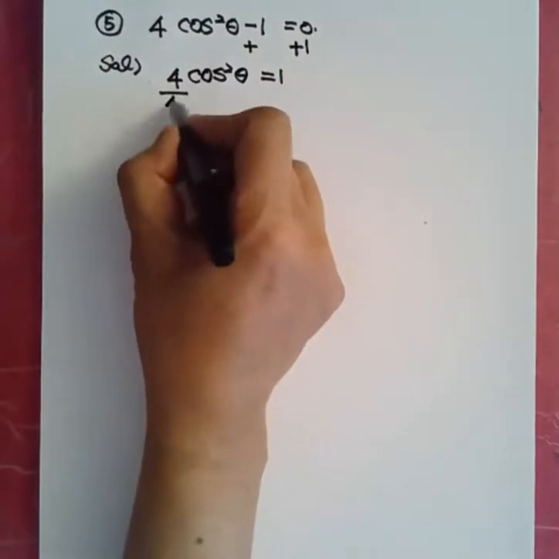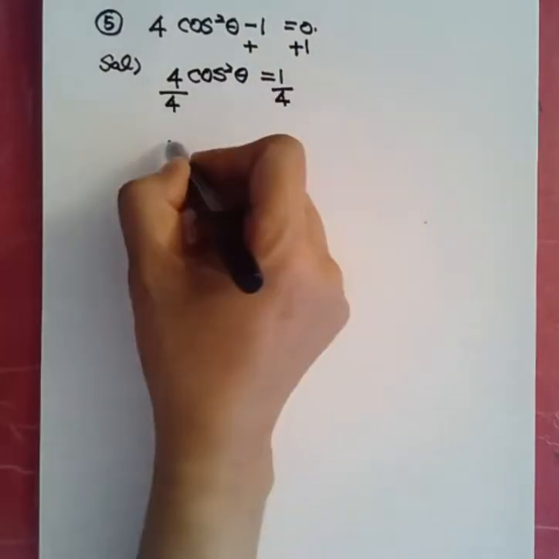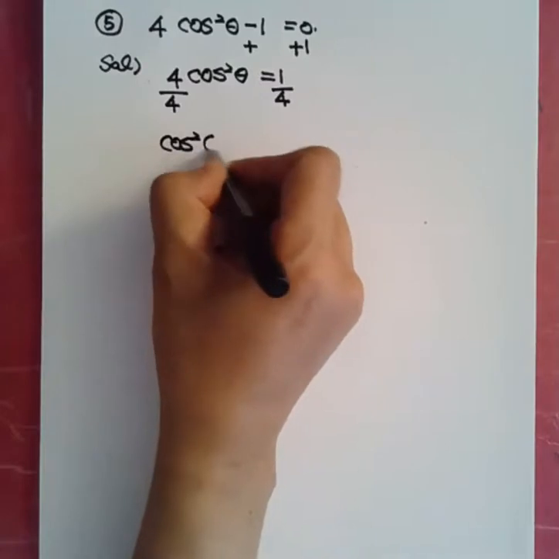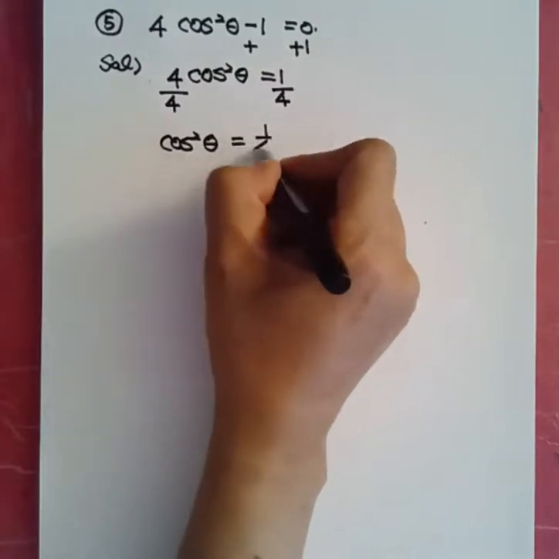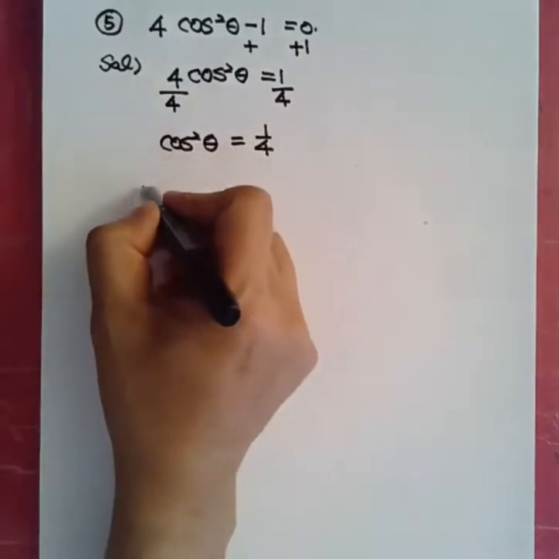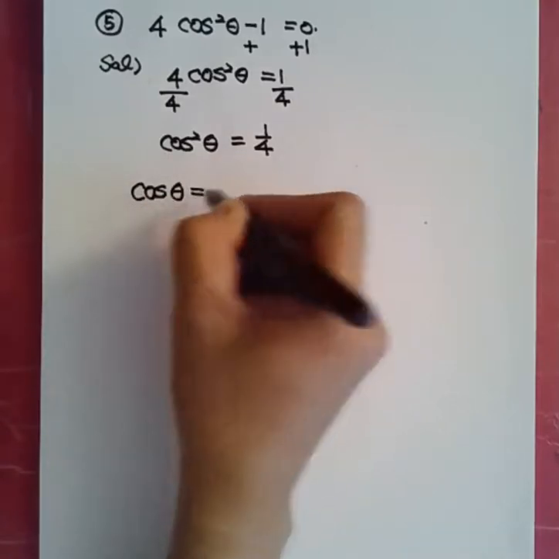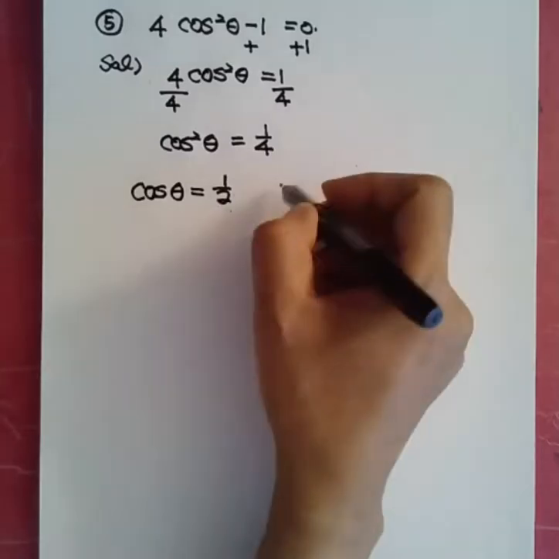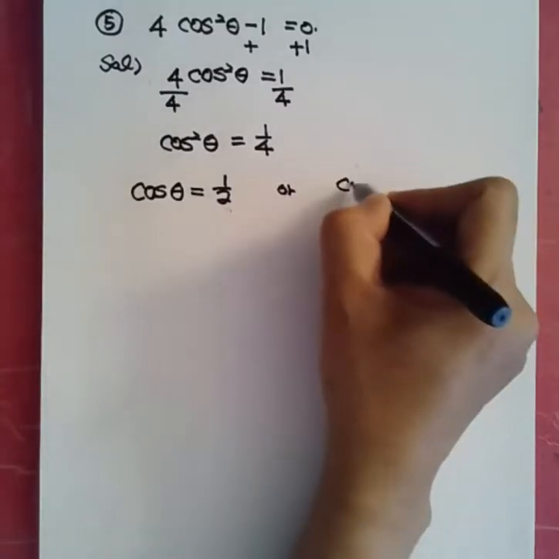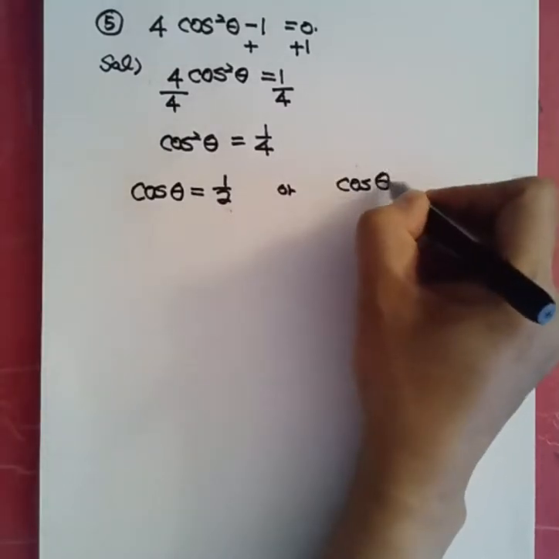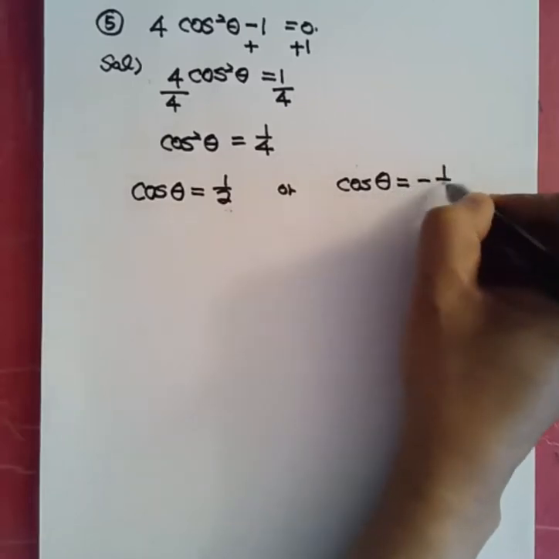We divide by 4 on both sides. Then cosine squared of theta equals 1/4. So if we square root on both sides, then cosine of theta is 1/2, or cosine of theta equals minus 1/2.